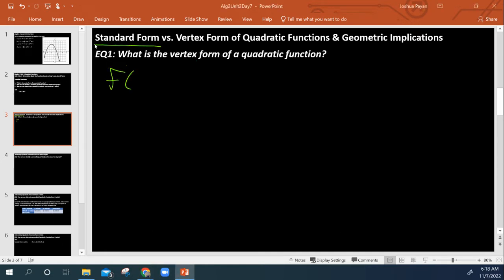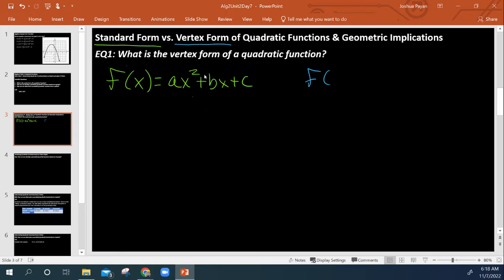Standard form looks how you're accustomed to seeing it: ax squared plus bx plus c is f of x, right? That's what makes us a function, we've got y equals some function of x. Vertex form, on the other hand, is going to require us to complete the square. So it's going to look familiar in that respect.